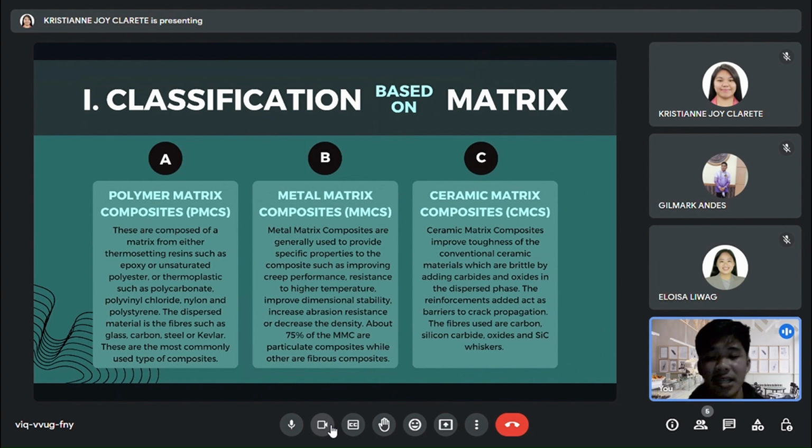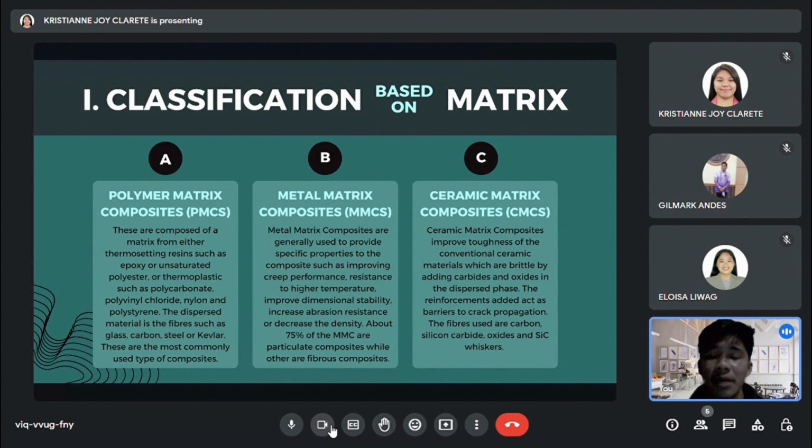PMCs are designed to transfer loads between fiber or matrix. Some of the advantages with PMCs include their lightweight, high resistance to abrasion or corrosion, and high stiffness and strength along the direction of their enforcement.